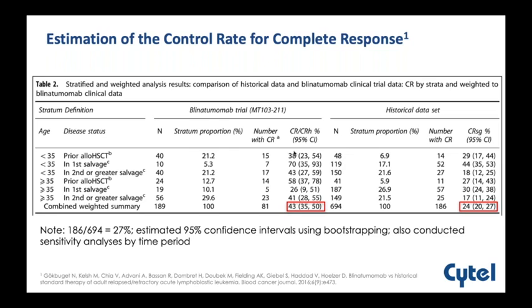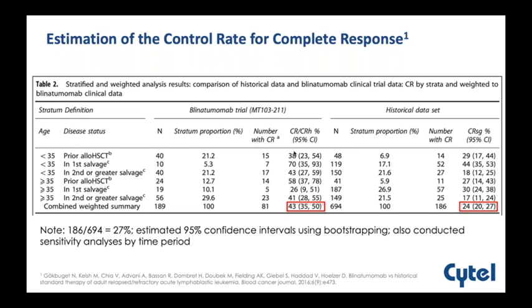To begin with, they did a number of stratified and weighted analyses, split up by disease status and age, looking at how comparable the control rates were, this is just for complete response, across those subgroups and across the two intervention groups as well. And then they did a weighted analysis.